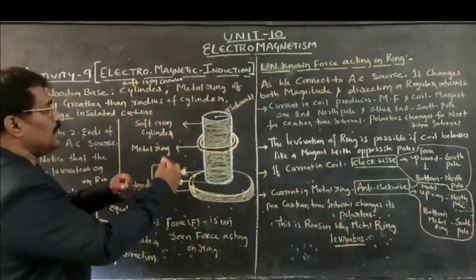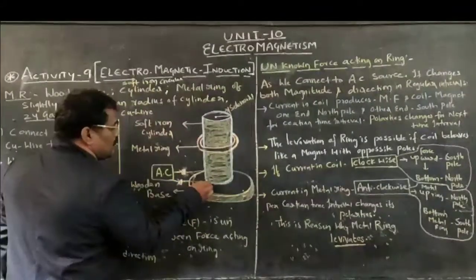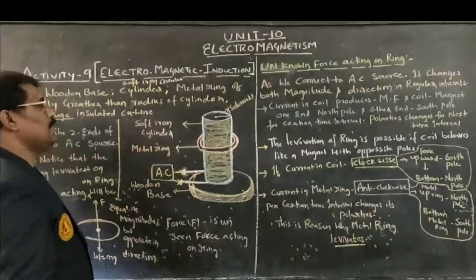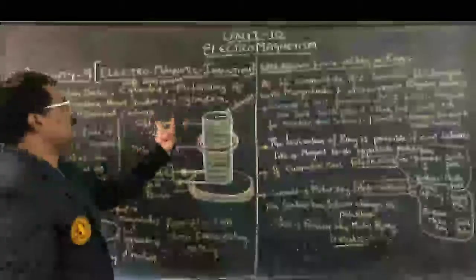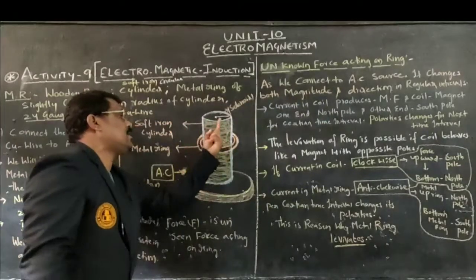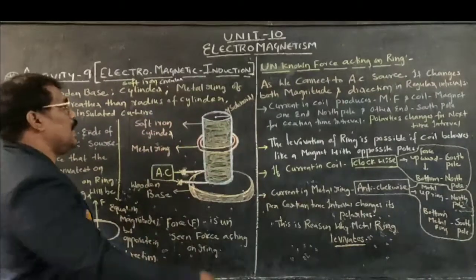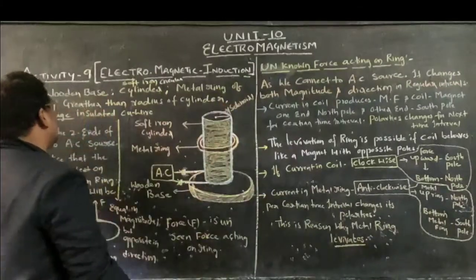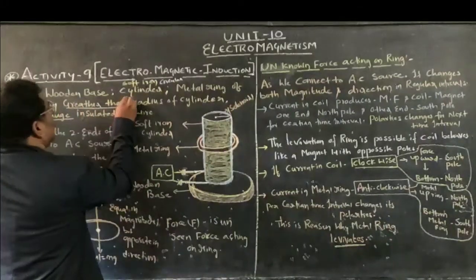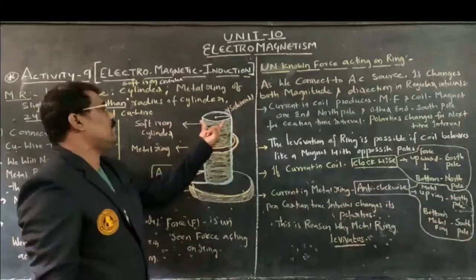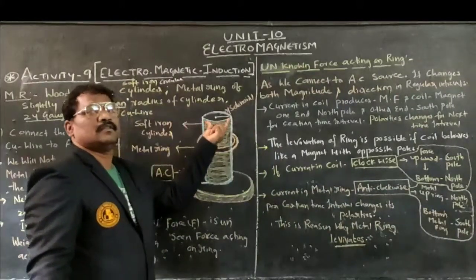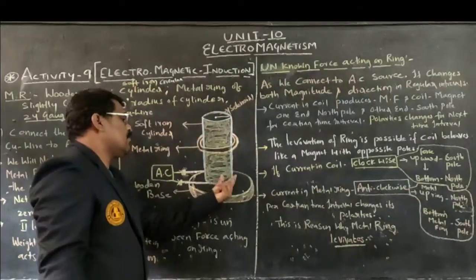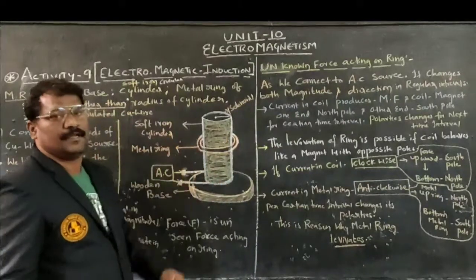The two ends are left free. After winding the copper wire, I am placing the metal ring on the cylinder. Since the radius of the ring is slightly greater than that of the cylinder, it will fall down and settle at the bottom.